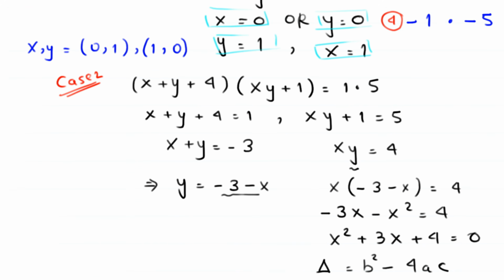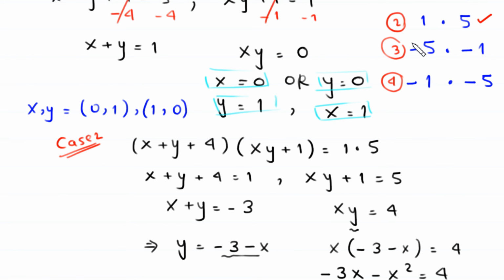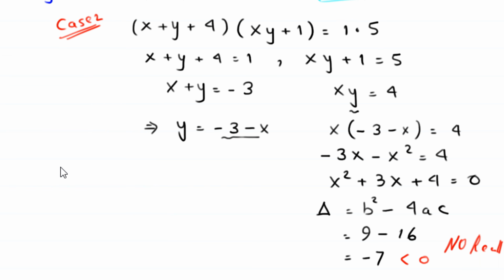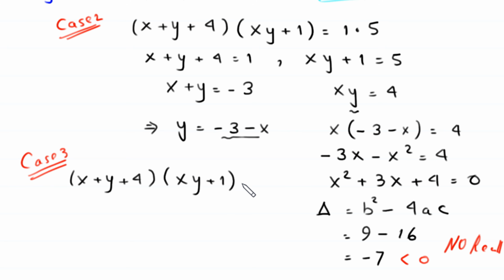Now we solve case number 3. In case 3, we have negative 5 times negative 1. So in case number 3, we write these factors: (x plus y plus 4) times (xy plus 1) equal to negative 5 times negative 1.